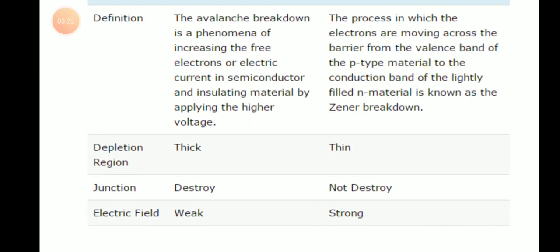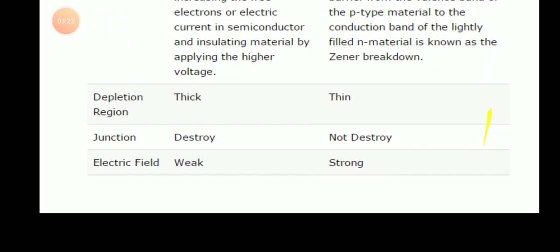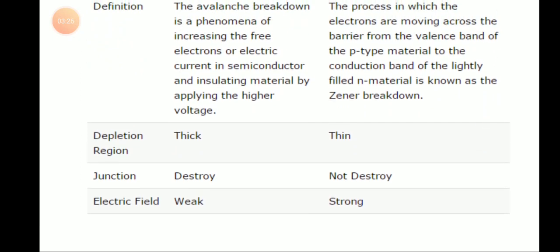So what about the depletion layer? The depletion layer in the avalanche breakdown is wider, thicker, because it is not heavily doped, it is lightly doped. Coming to the Zener breakdown, the depletion region is very small. What happens to the junction in the avalanche breakdown?